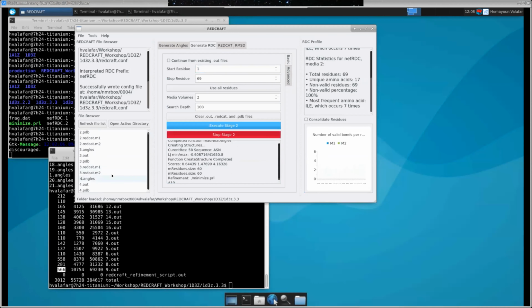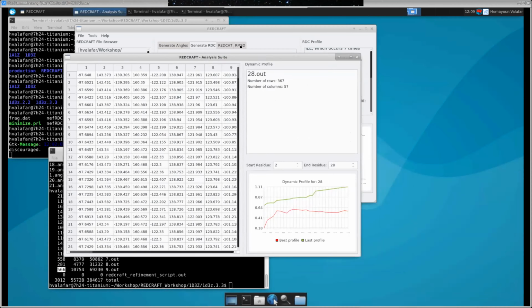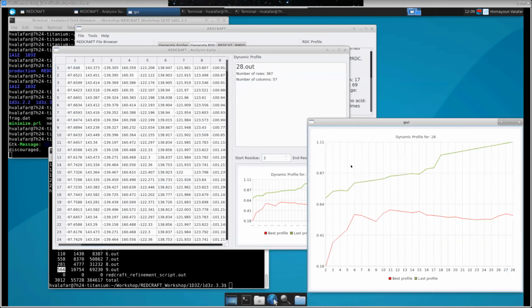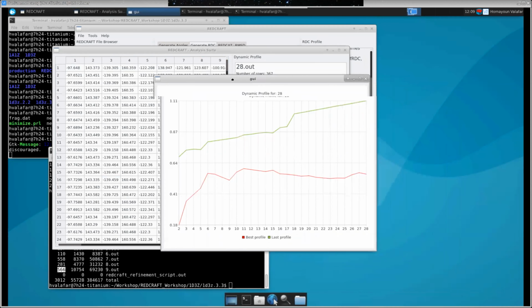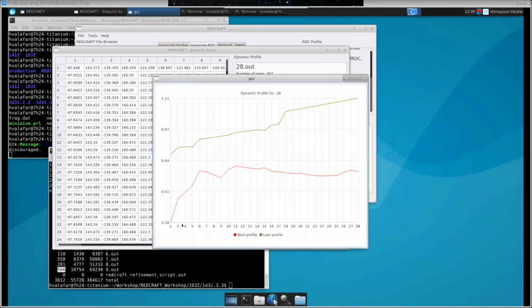So let's look at some intermediate things. How successful is my structure calculation at this point? In 28.out, if I look at my RDCs, they exhibit this pattern, which in general should be monotonically increasing fitness to RDC, which makes sense because you're including more and more RDC as your fragment size grows. And therefore, you are arriving at a true estimate of your error.